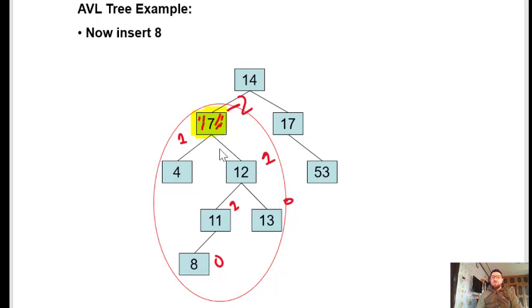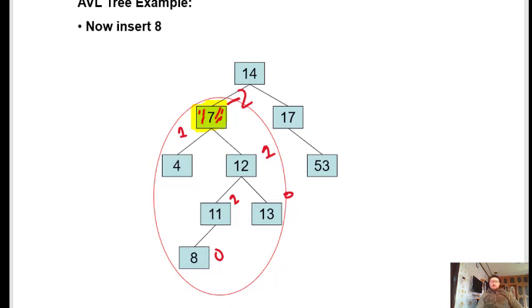Okay, what do we do for the 7? We see it because we have inserted the 8. Okay, so which rotation will this be? Because to the 17, 15, 12 is on its right and then the next node is on its left. So it's RL rotation.